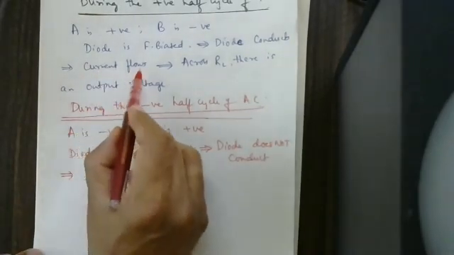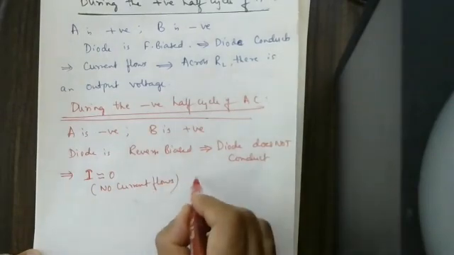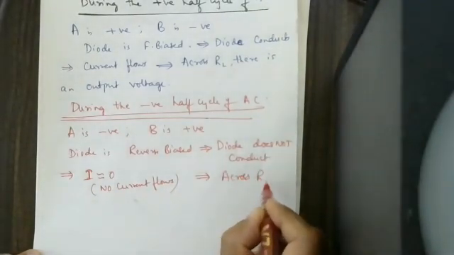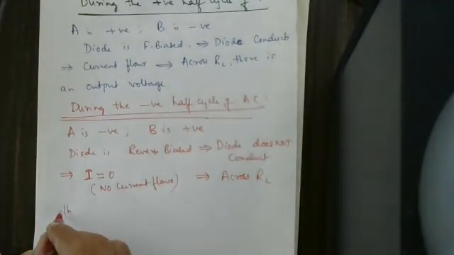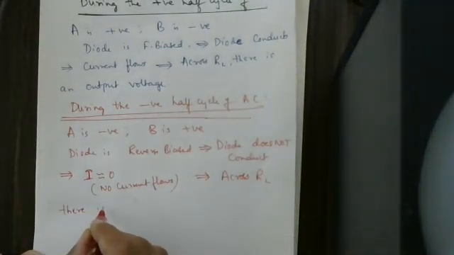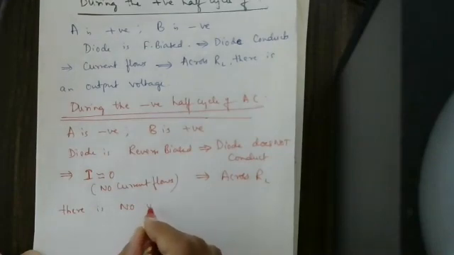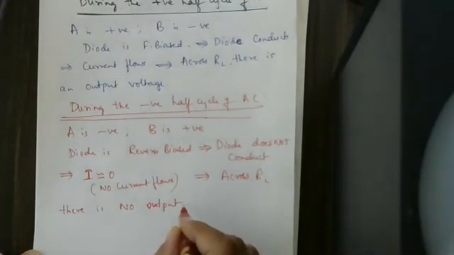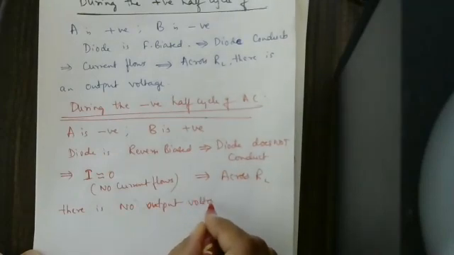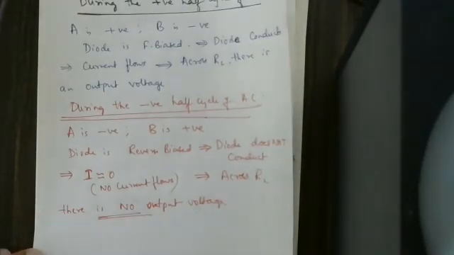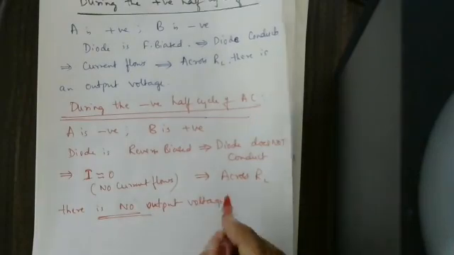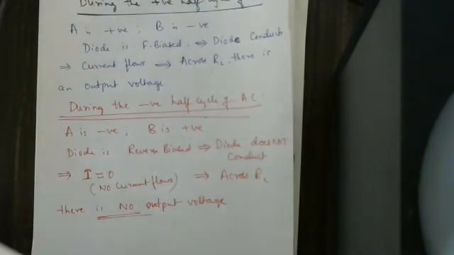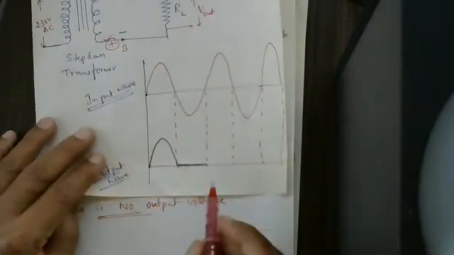As there is no current flowing here, this implies that across RL there is no voltage. There is no output voltage. Output voltage is equal to 0 here.